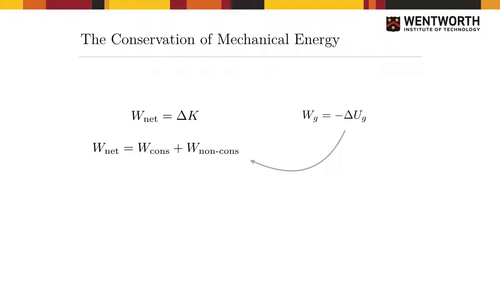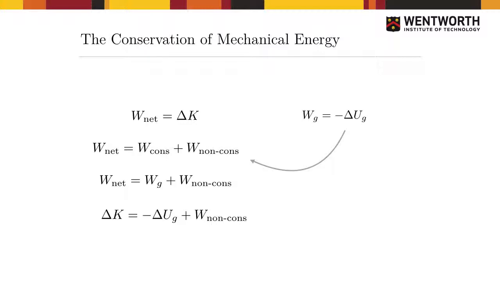Next, we know that gravity is a conservative force, so we can substitute the work done by gravity for the conservative work in the equation on the left. This gives us the following equation, which relates kinetic and potential energies.